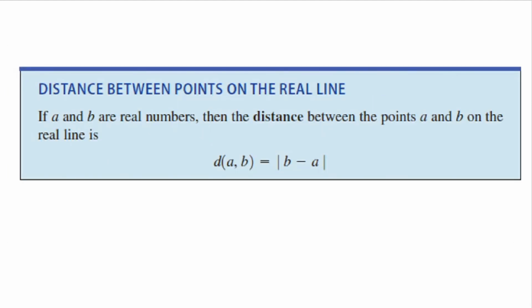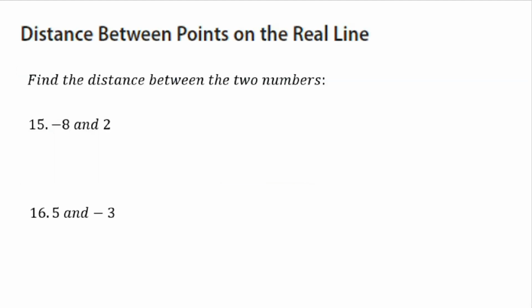Now we have the distance between points on the real line. If A and B are real numbers, then the distance between the points A and B on the real line, where D stands for distance, is d of A and B, which is equal to the absolute value of B minus A. Let's take a look at this example. Find the distance between the two numbers negative 8 and 2.